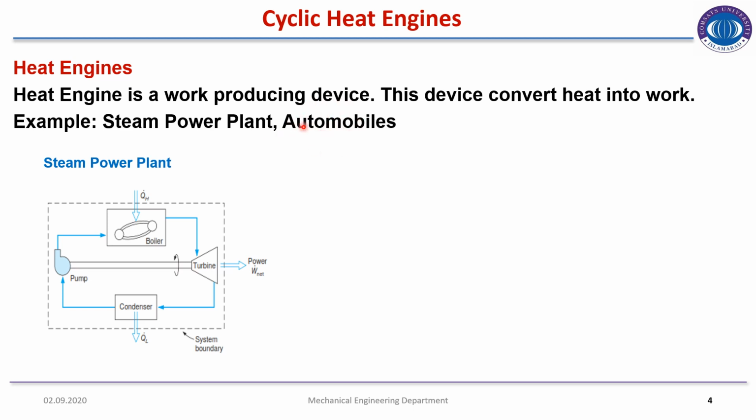In the piston cylinder arrangement, a mixture of petrol and air is introduced. We will discuss it in detail in an upcoming lecture as well. When there is combustion of the fuel and air mixture, that chemical energy is converted into thermal energy, and that heat energy is converted into translational energy, or energy utilized to drive the car.